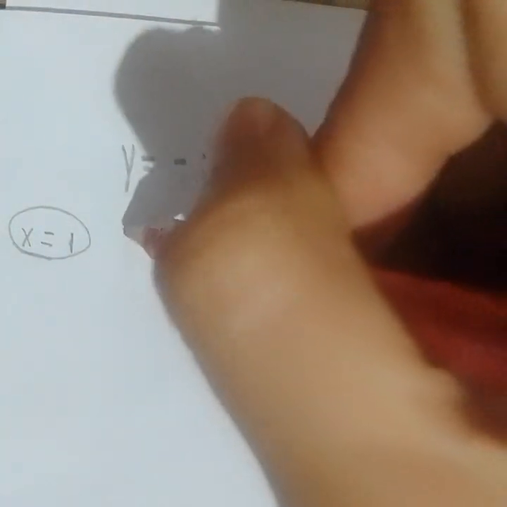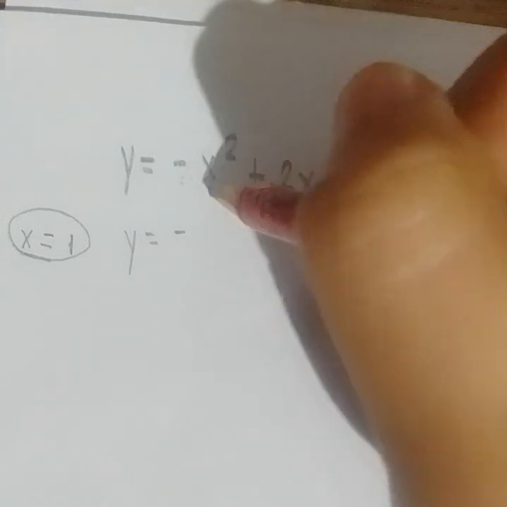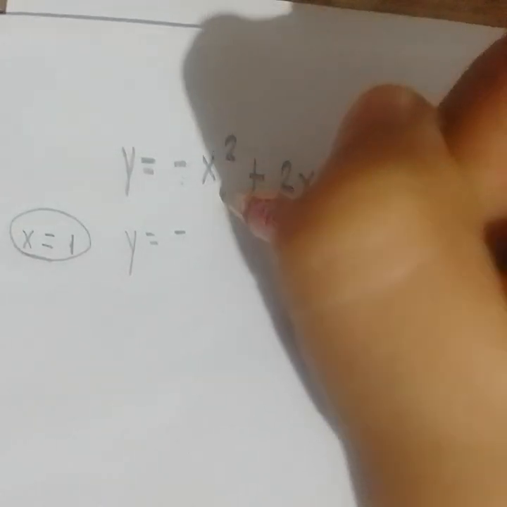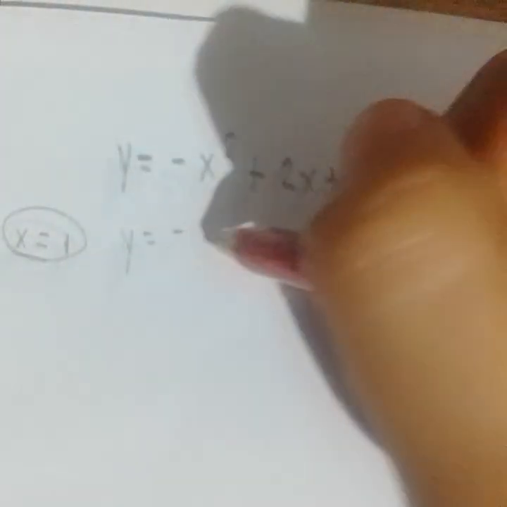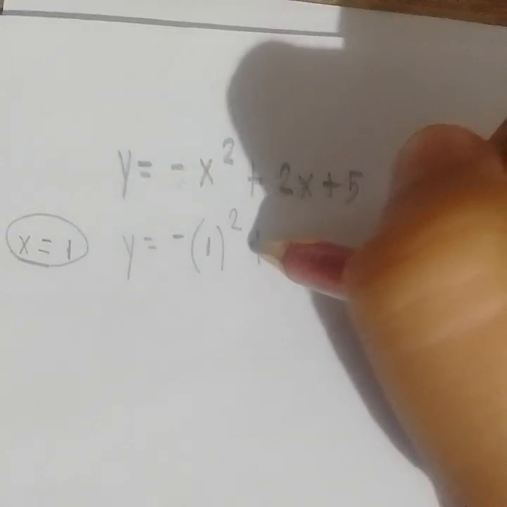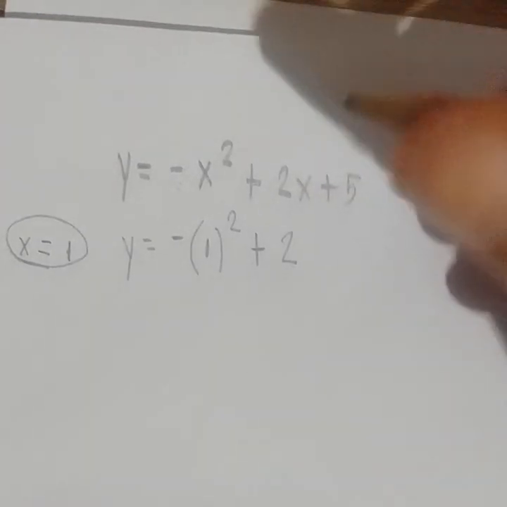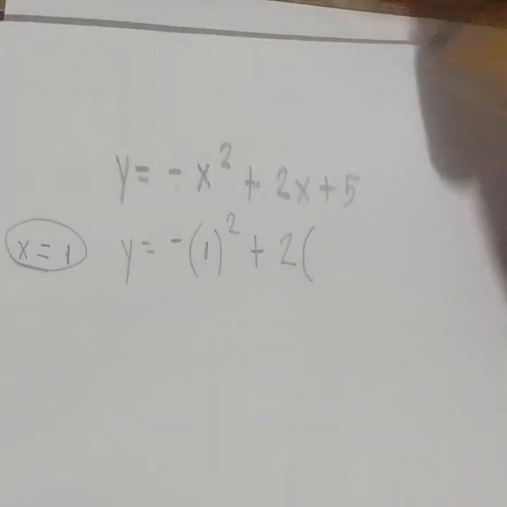So let us substitute y is equal to negative from the given function. Then next is the variable x. So we replace it, this time as 1. 1, then to the power of 2 plus 2. Next is another variable x. So substitute, and please put a parenthesis.